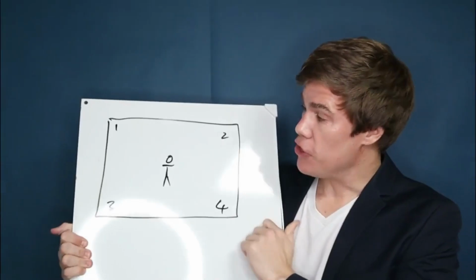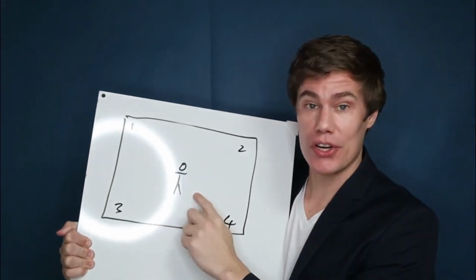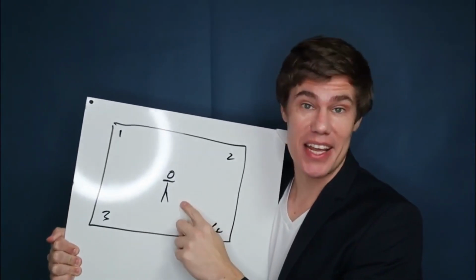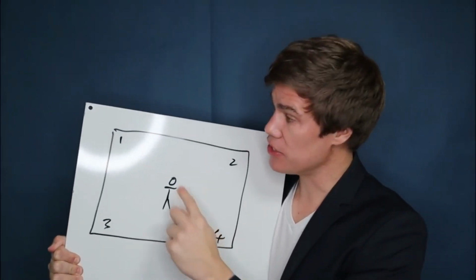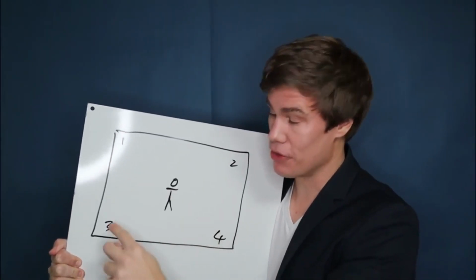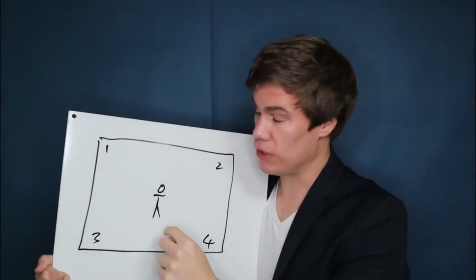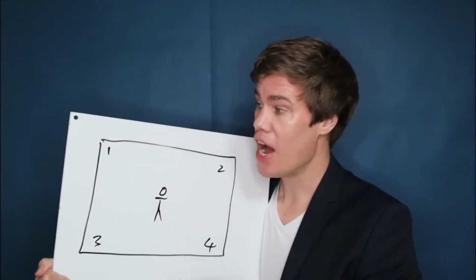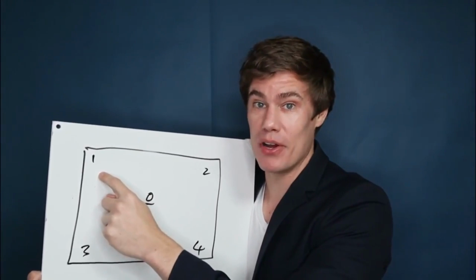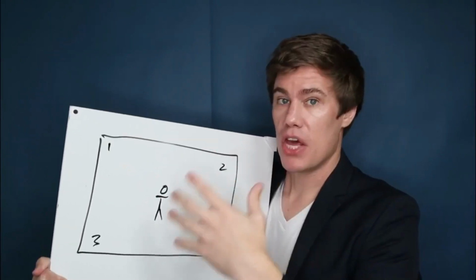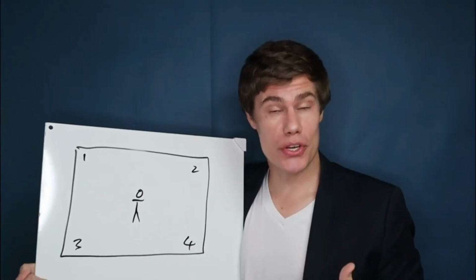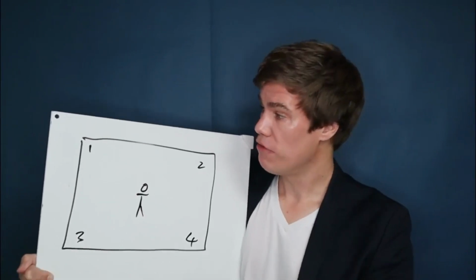4 corners. In your classroom, one of the students is blindfolded and standing in the middle of the class. The other students have to go and stand in one of the 4 corners. This blindfolded student shouts out a number, and all the students in that corner are out. If there aren't many students left, you can reduce the number of corners. For example, there are only 3 corners left.